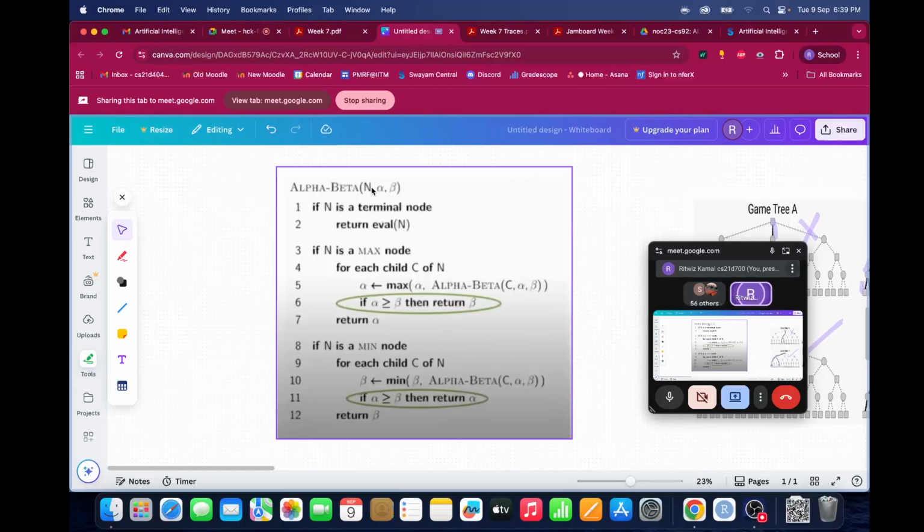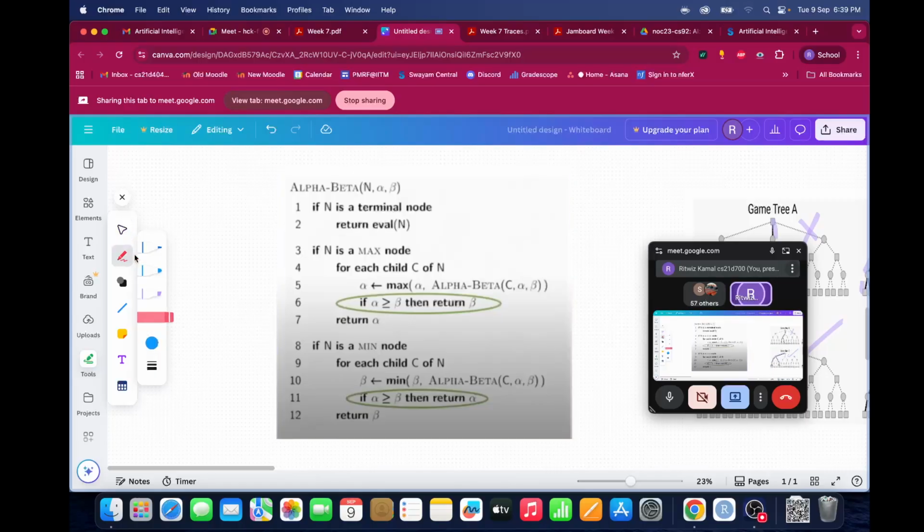So we have a node n. Each node n has an associated alpha value and a beta value. Let me try to draw it parallelly as well. So let's say this is a node. This could be a min node or a max node. Here I have drawn a circle, but consider it could be any of the nodes. This is the node n. This has an alpha value and a beta value.